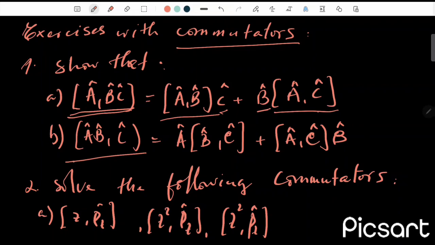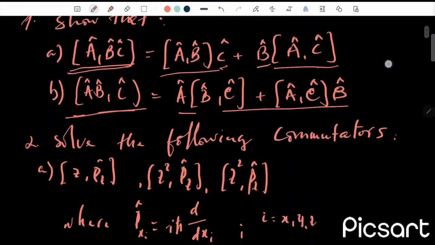Okay, we have the other exercise, where we want to show this expression.